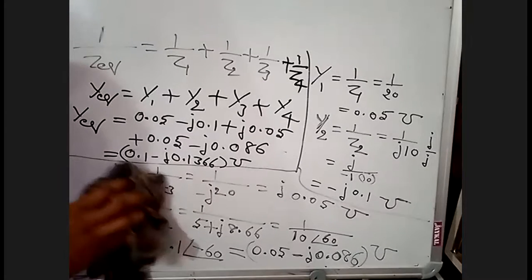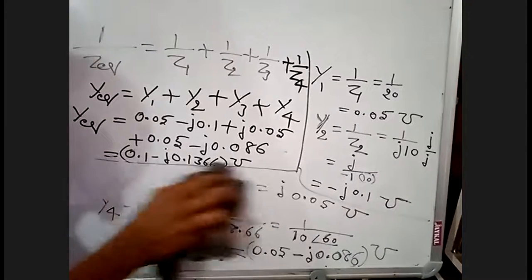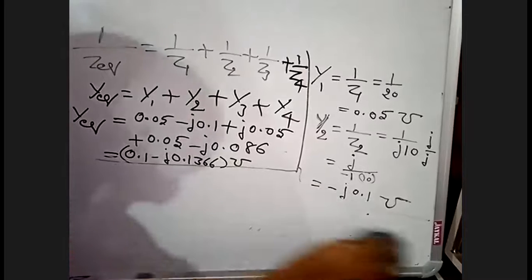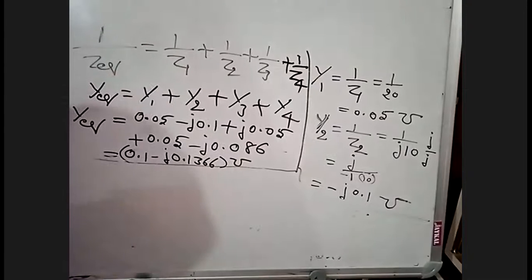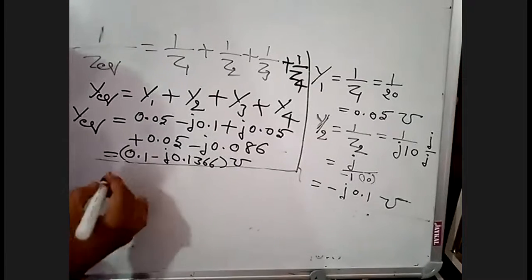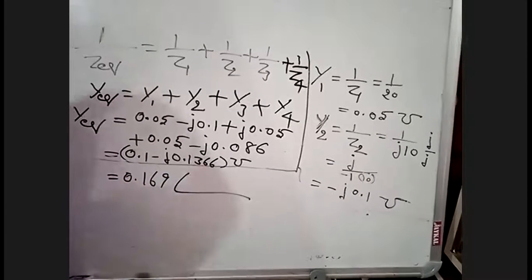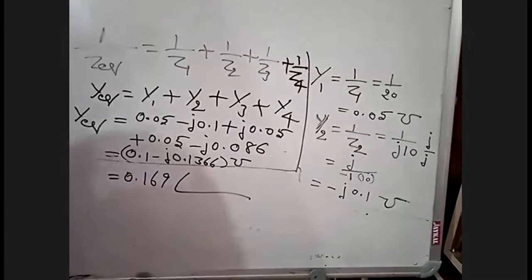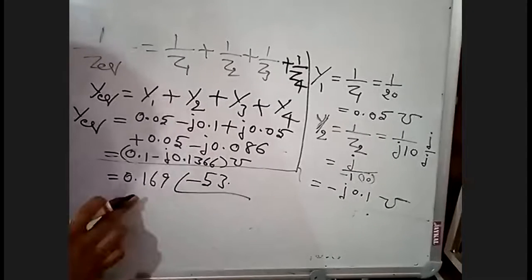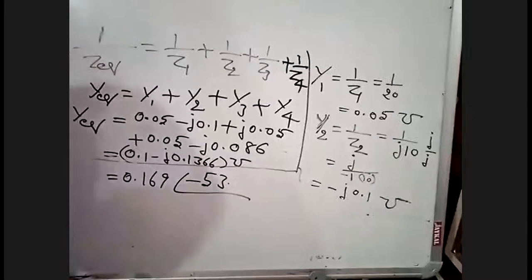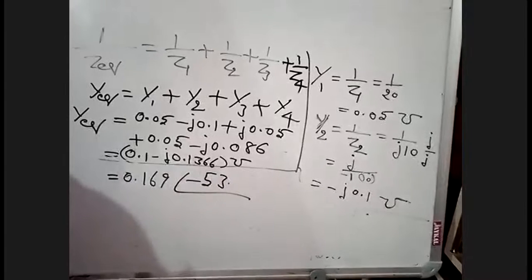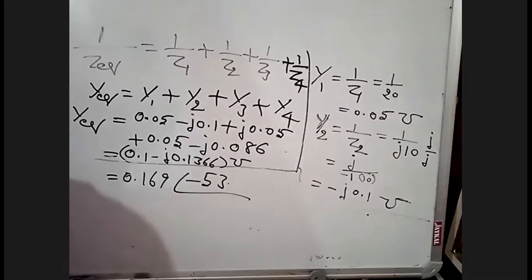Convert this to polar form. Magnitude is 0.106.